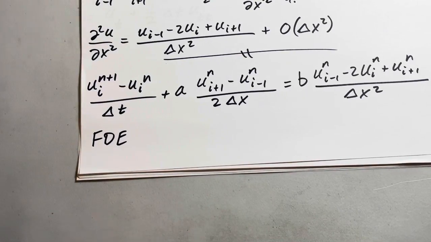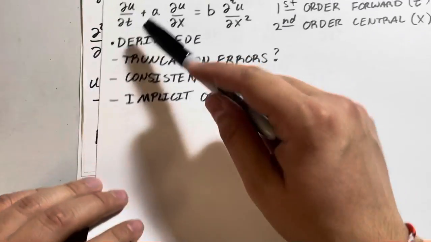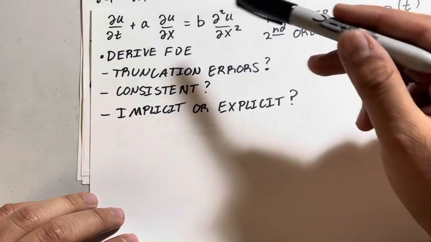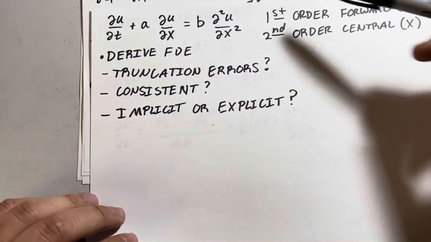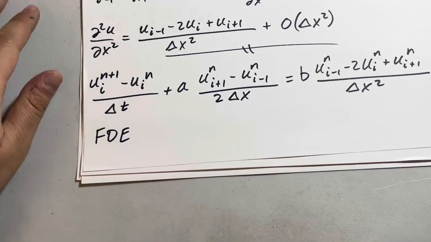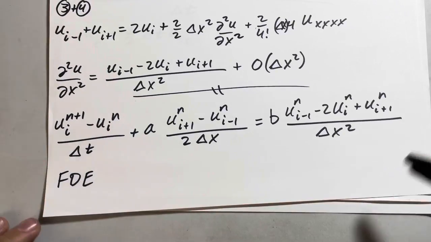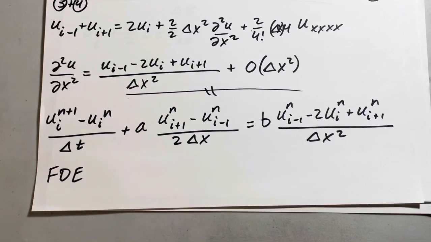Cool, now we can take what we found, so partial u, partial t, partial u, partial x, second u, second x. Plug these in, and now we have our finite difference equation.